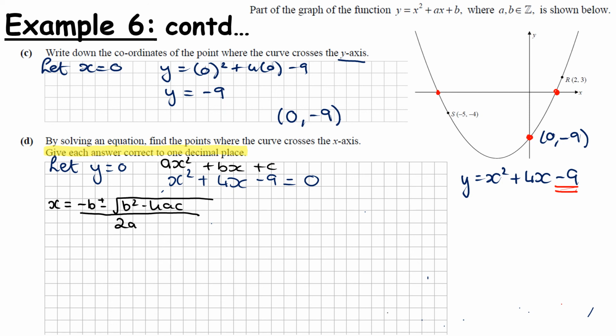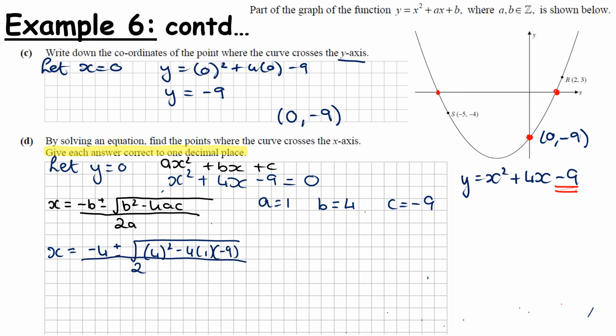So we can work from this, saying a is the coefficient of the x squared, which is 1, b is the coefficient of x, which is 4, and c is the constant, which is minus 9. So x is equal to minus 4 plus or minus the square root of 4 squared minus 4 times 1 times minus 9, all over 2 times 1.